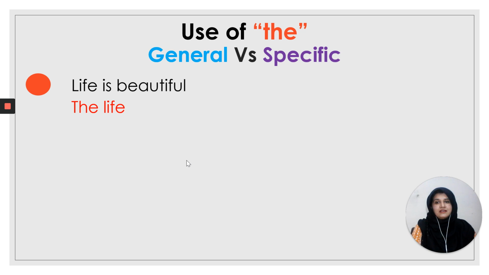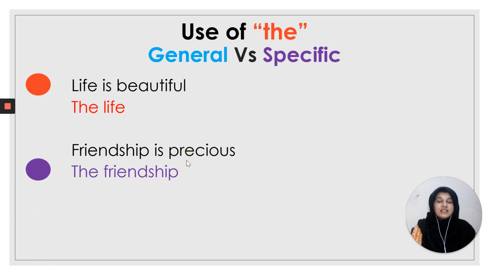Okay, life is beautiful. Is this sentence correct? Or should we say, the life is beautiful? Think about it. Friendship is precious. Is it correct? Or should we say, the friendship is precious? Think about this as well. Which expression could be better?